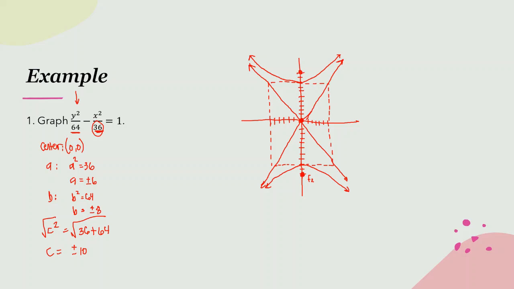So this is also our foci 1. Okay, so that is now our foci. If we would try to find the coordinates of our foci, we have (0, positive 10) and (0, negative 10). So these are our foci.